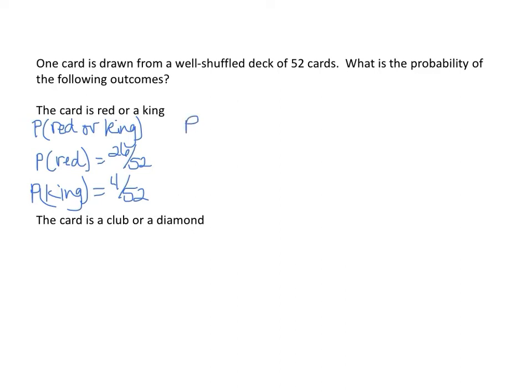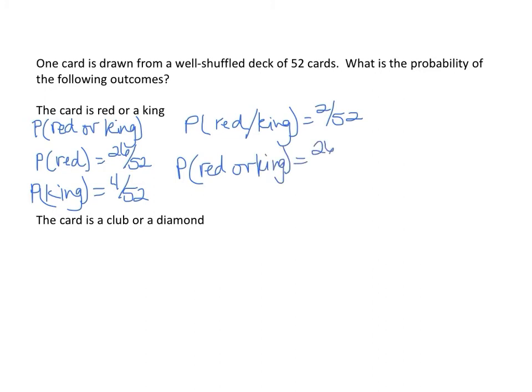The probability of having a red king, well, there are 2 of those. So when we're looking at our total probability, we need to take 26 out of 52 plus 4 out of 52, and then we subtract those 2 that are red kings, because we can't count those twice. And we get 28 out of 52, which can be reduced to 7/13.